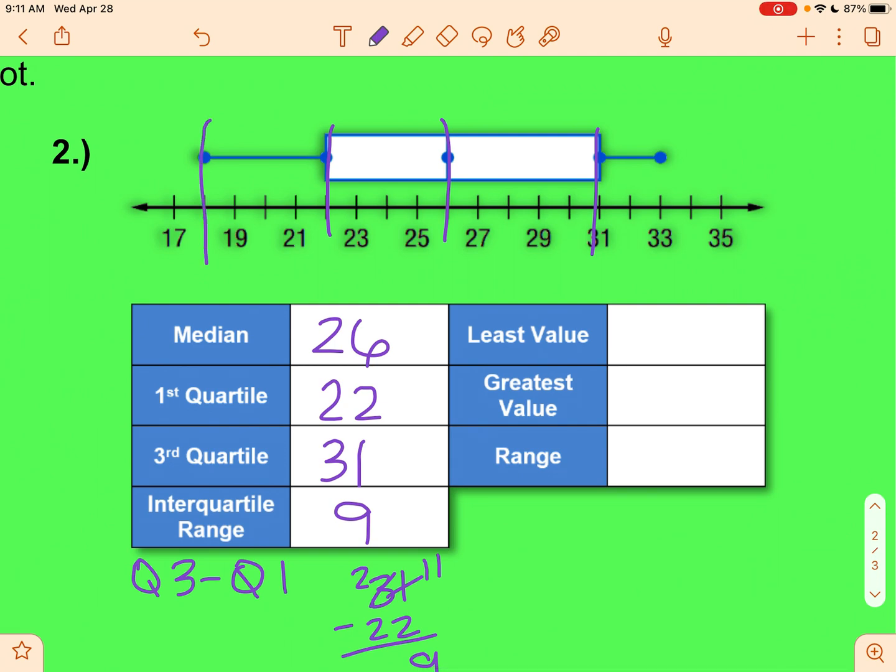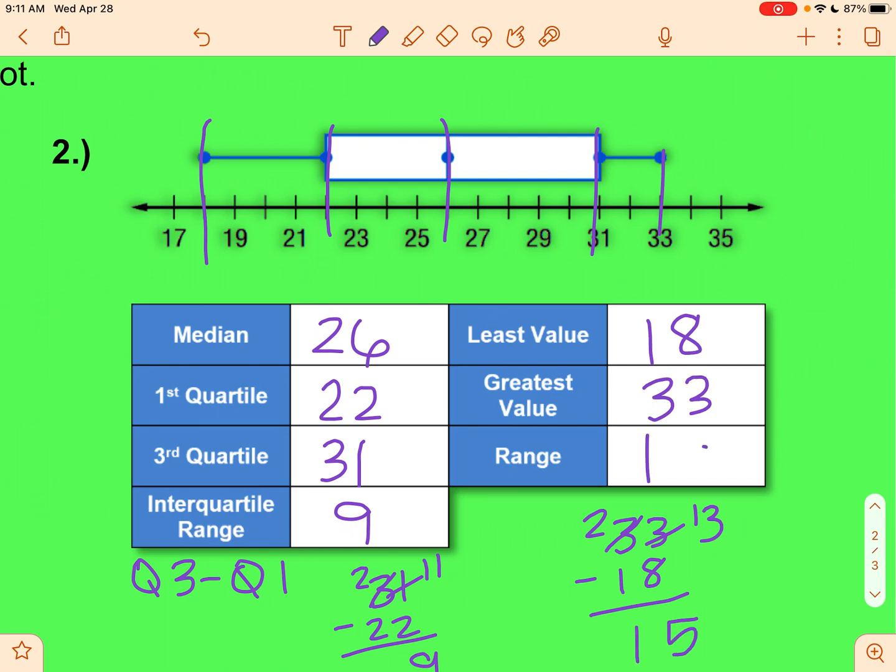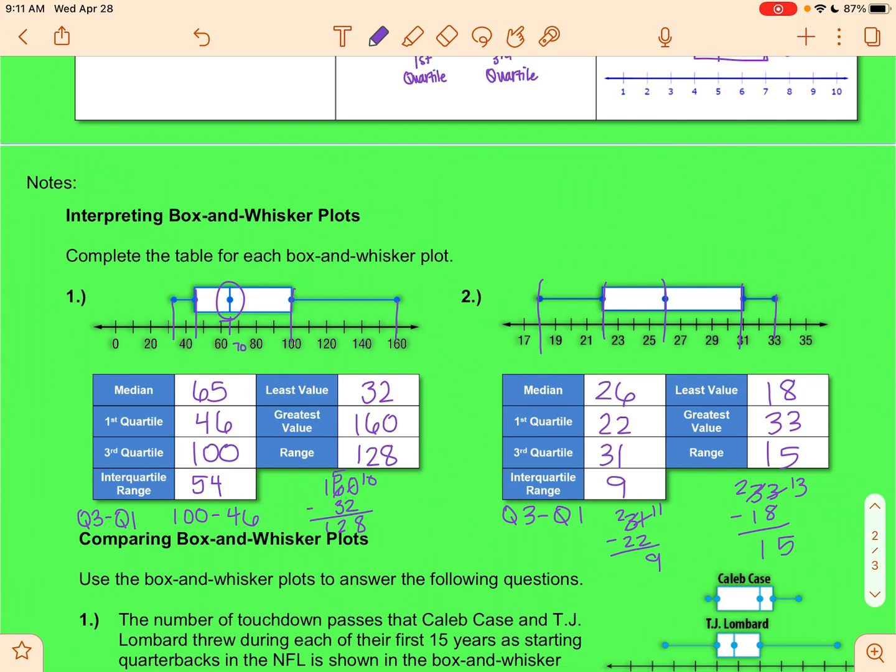Our least value is 18, and our biggest value is 33. So then subtract to find your range. We get 15. Alright, and that is how you interpret box and whisker plots.